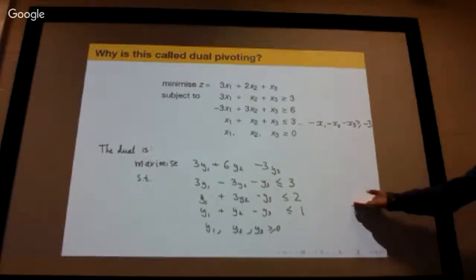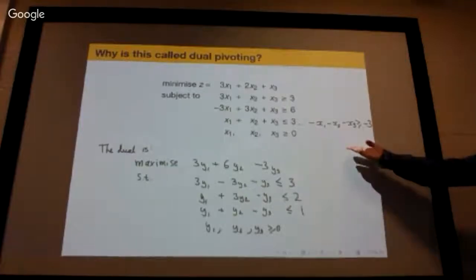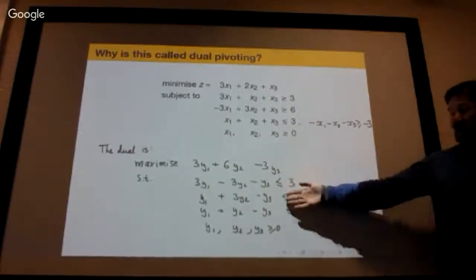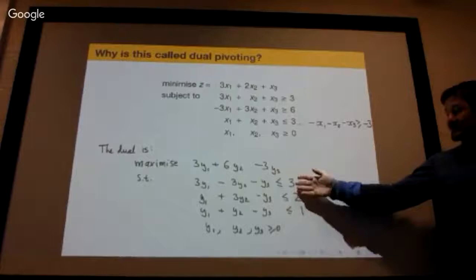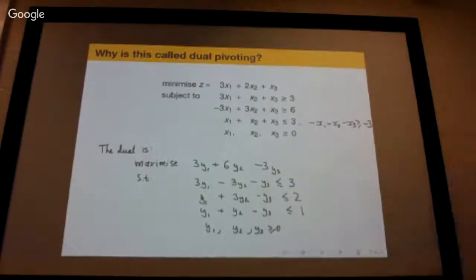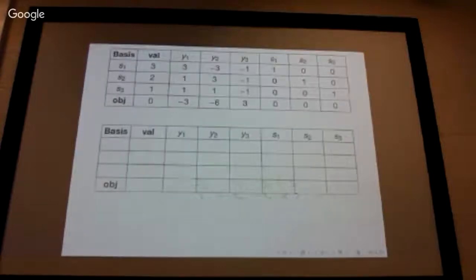Well, it looks very standard, doesn't it? Just a maximization problem, all the constraints go the right way, things fine. So we get a tableau that looks like this. How do you find the pivot element?